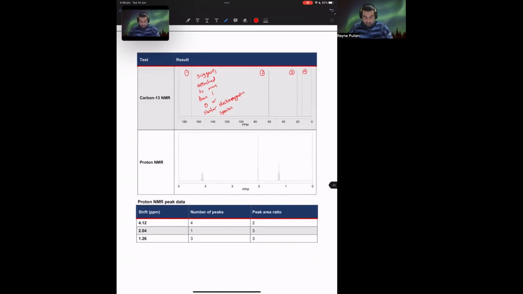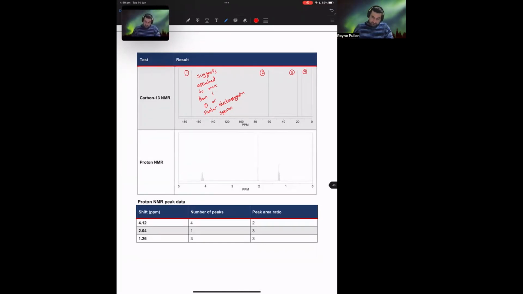As I've said before, when it's proton NMR, we think about the area under the peak, and that's really important because with multiplicity and having multiple spikes within the same peak, that's important for working out the ratio. But for a carbon, we can normally rely on the height to indicate to us the ratio of these environments.